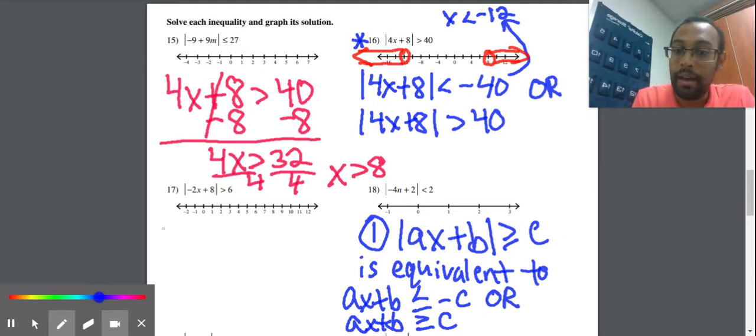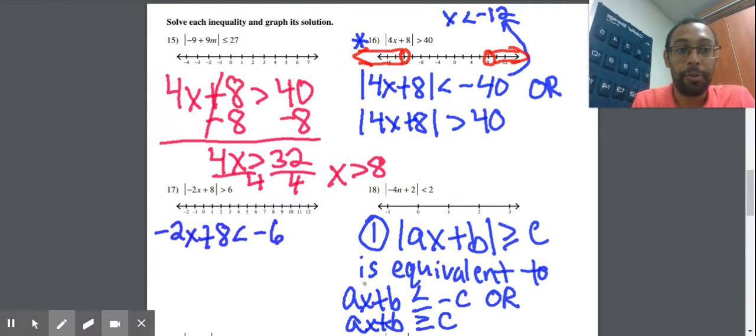So I'm going to have negative 2x plus 8 is going to be less than negative 6. That's from the first part of the rule. And then I'm also going to have negative 2x plus 8 is going to be greater than 6.